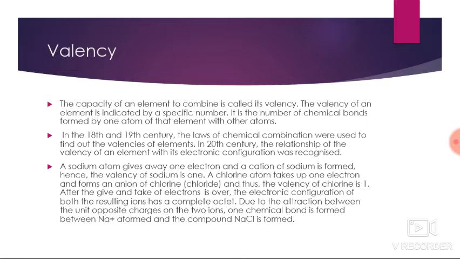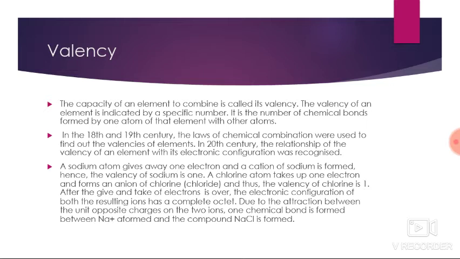So it will take from sodium. Sodium will get a positive charge because it is giving, and chlorine will get a negative charge because it is accepting. When an atom gives an electron, it gets a positive charge and it doesn't remain an atom. It becomes an ion. Okay, we will learn about it more.